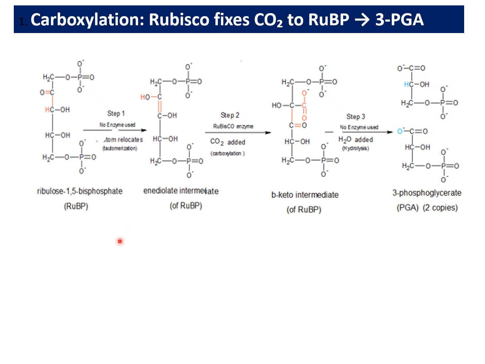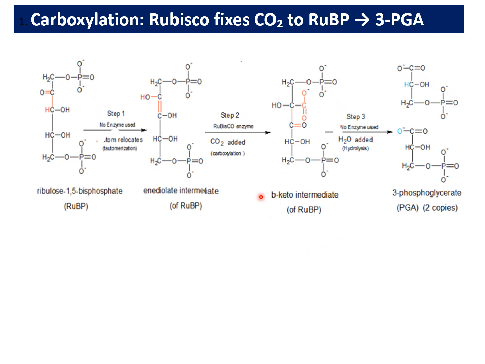Now let us understand this whole step. Ribulose 1,5-bisphosphate, RuBP, can tautomerize between keto and enol form. It is in the enol form that the enzyme adds CO2 to RuBP, converting it into an intermediate which is a beta keto intermediate of RuBP.